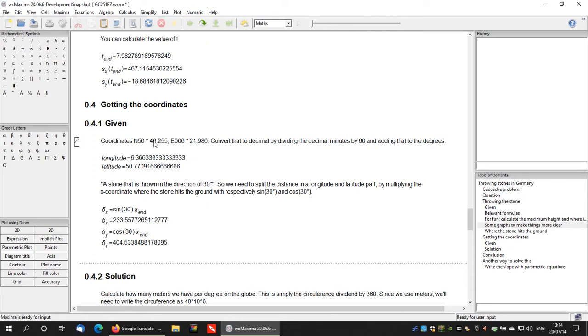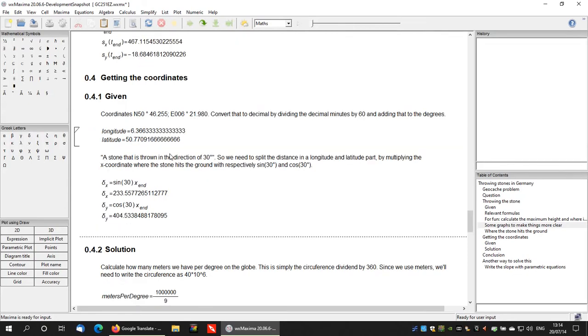So you divide these two decimal minutes by 60 and add that to the degrees, which gives you a longitude of 6.363 and so on degrees, and a latitude of 50.77 and something.